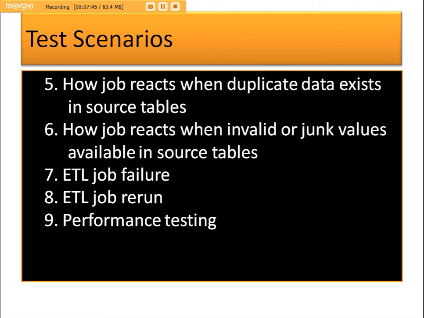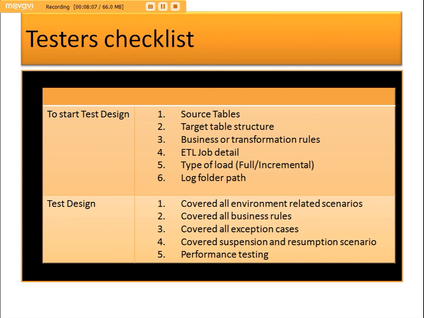As part of negative testing, we check how the job reacts to duplicate data, junk values and invalid records. And if the job fails, whether it handles the rollback scenario and does not affect the existing warehouse data. Finally we end up with performance testing.